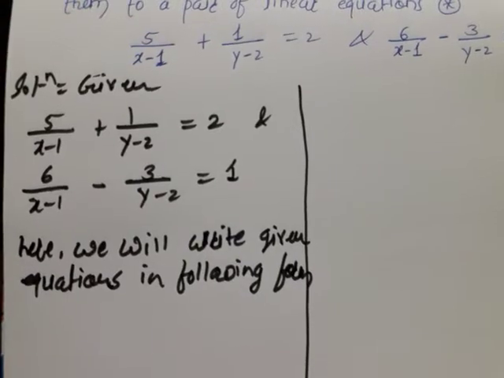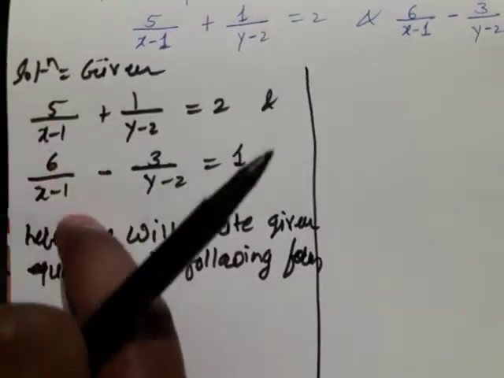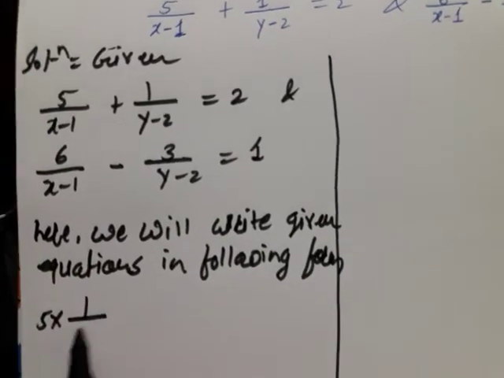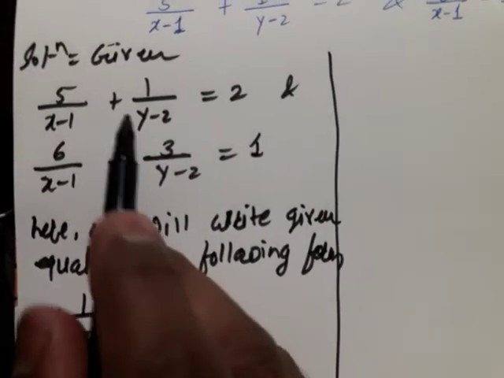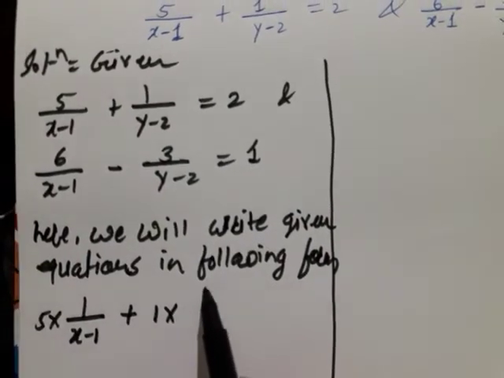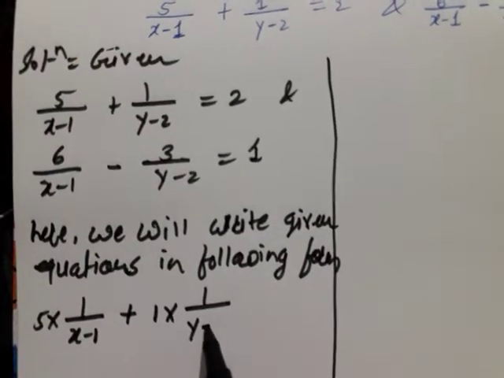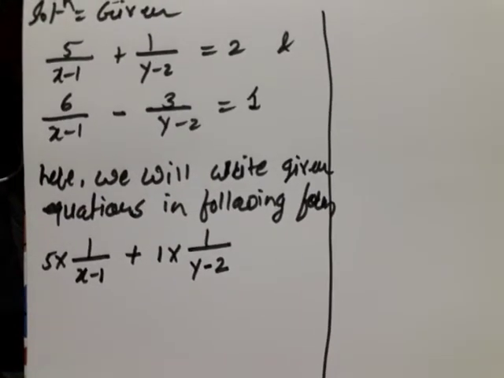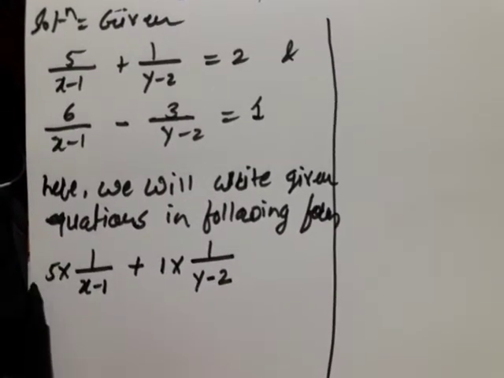What is that form? See here, 5 divided by x minus 1 can be written like this: 5 into 1 upon x minus 1 plus 1 into 1 upon y minus 2. Got it? What did I do? I took these 5 outside.